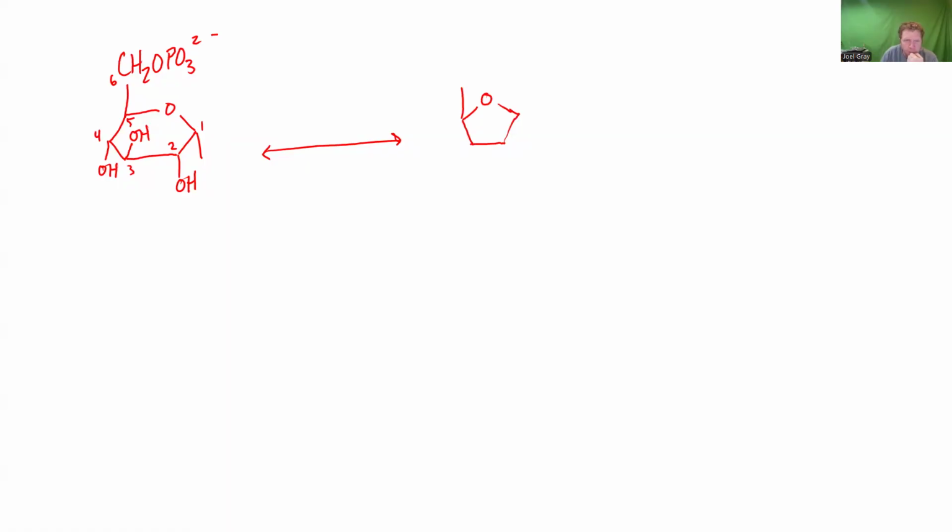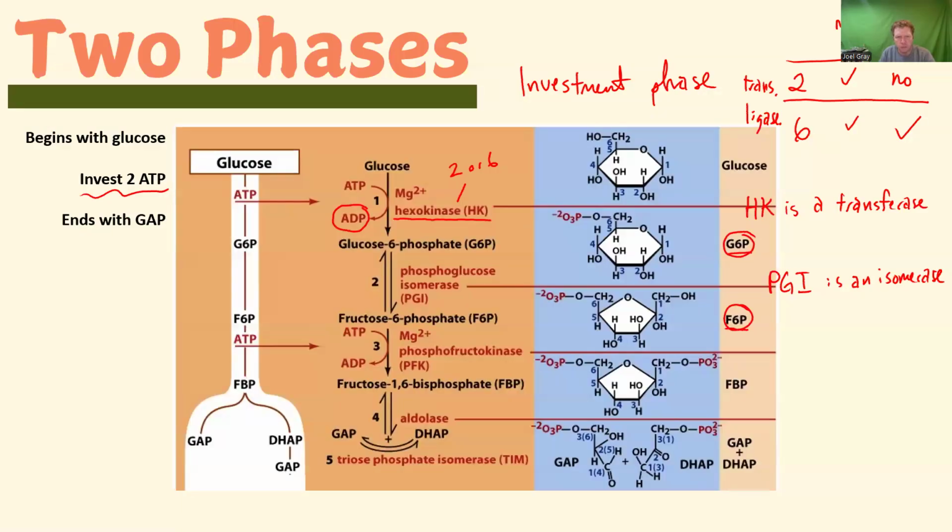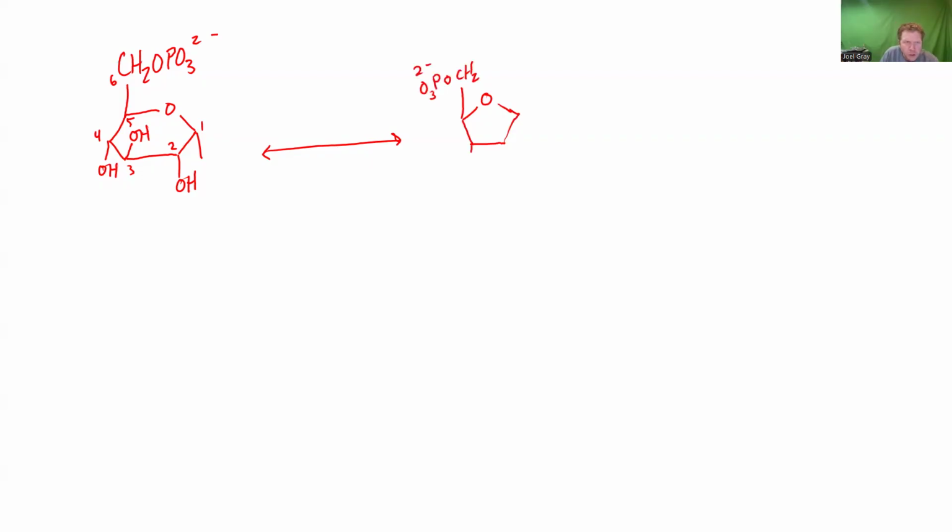Okay, so I've got CH2, and I'm just going to move my OPO3, for no reason beyond organization and spatial organization. I've got OH going down. So this is 6, 5, 4, 3.